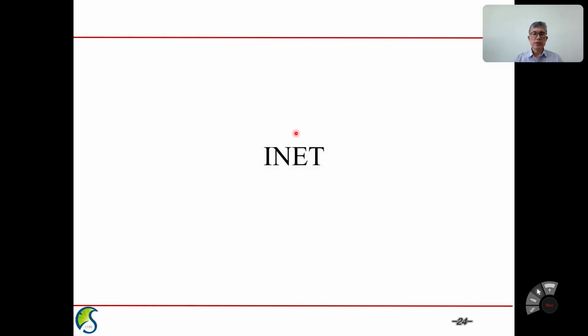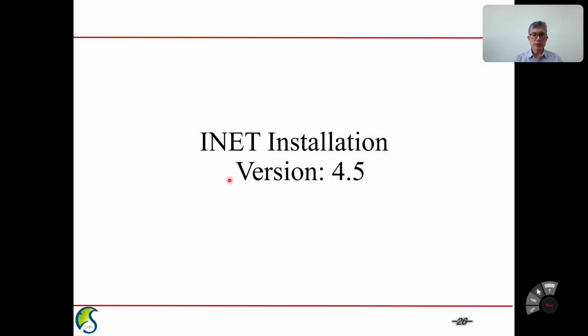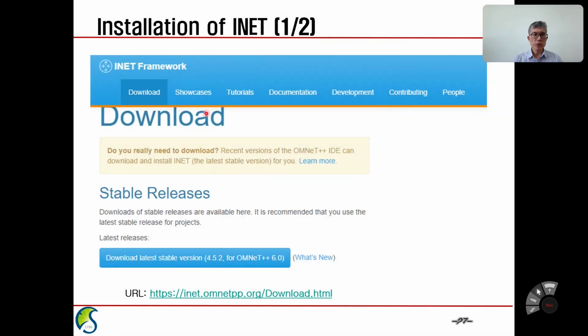INET is an open source model library for the OMNeT++ simulation environment, especially where TCP/IP protocols are provided, and also other models for researchers working on TCP/IP based computer networks. For the INET installation, the OMNeT++ website provides the link for INET.